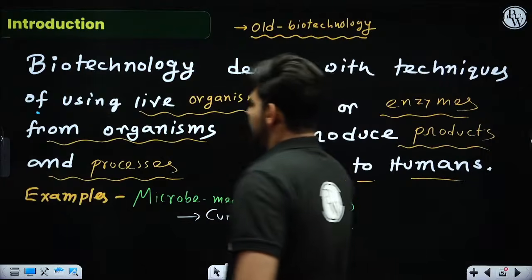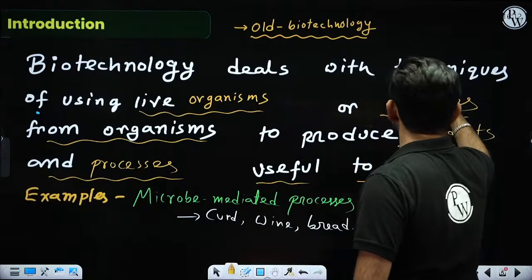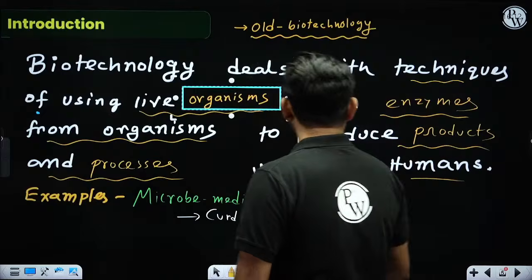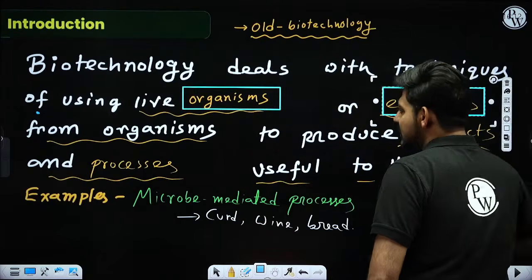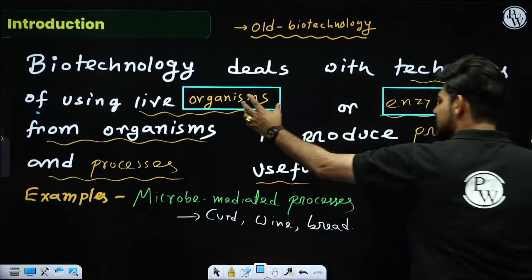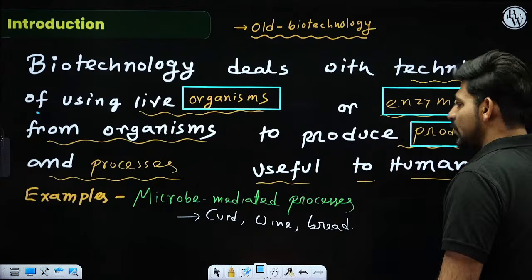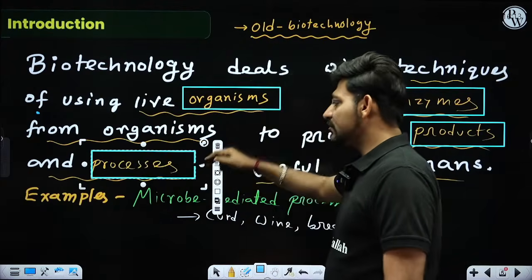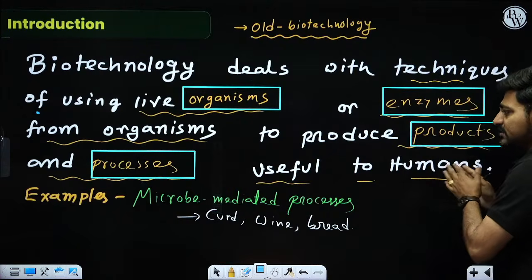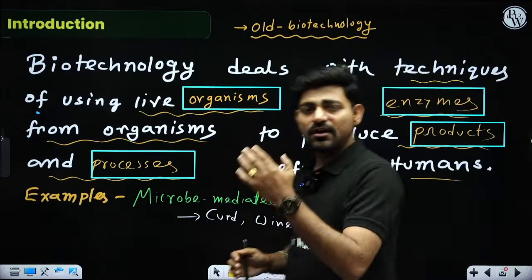Now, biotechnology deals with techniques using live organisms or the enzymes of those organisms. And why are we utilizing these live organisms and their enzymes? We want to produce some products and use them for some processes, and obviously those products or processes will help us upgrade our lifestyle.